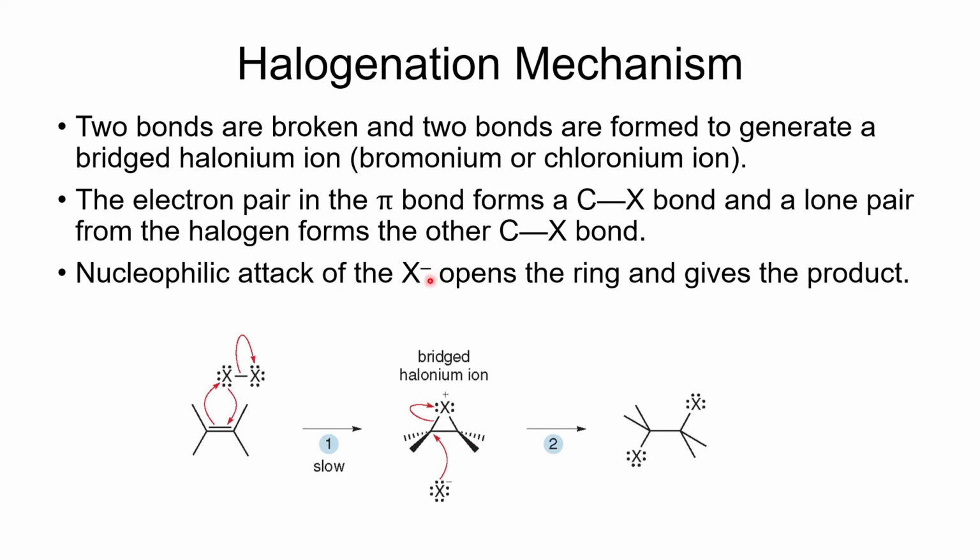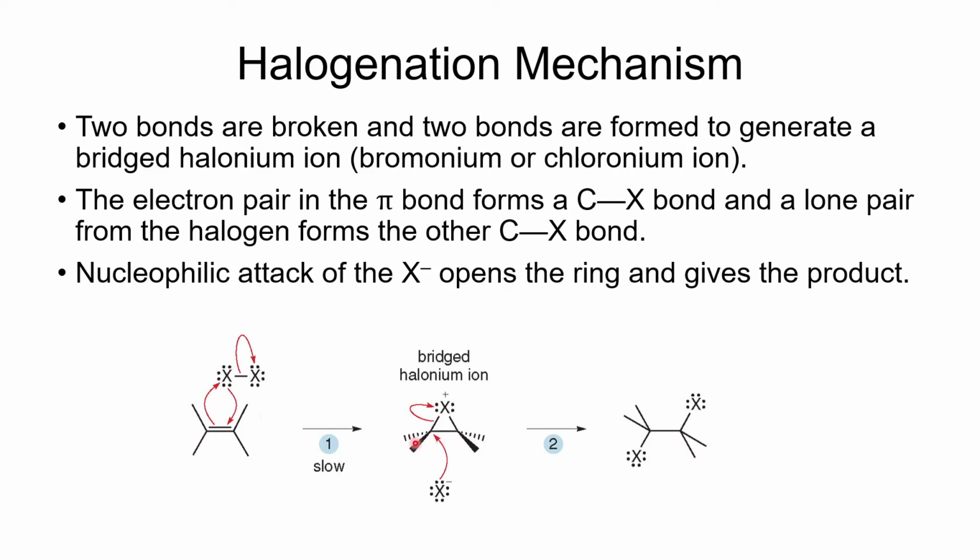I fixed that real quick; the little negative charge was not in the right place. So that halide will react, doing an SN2 reaction on the back side. It will open up this bridged halonium ion, and we will get the vicinal dihalide.